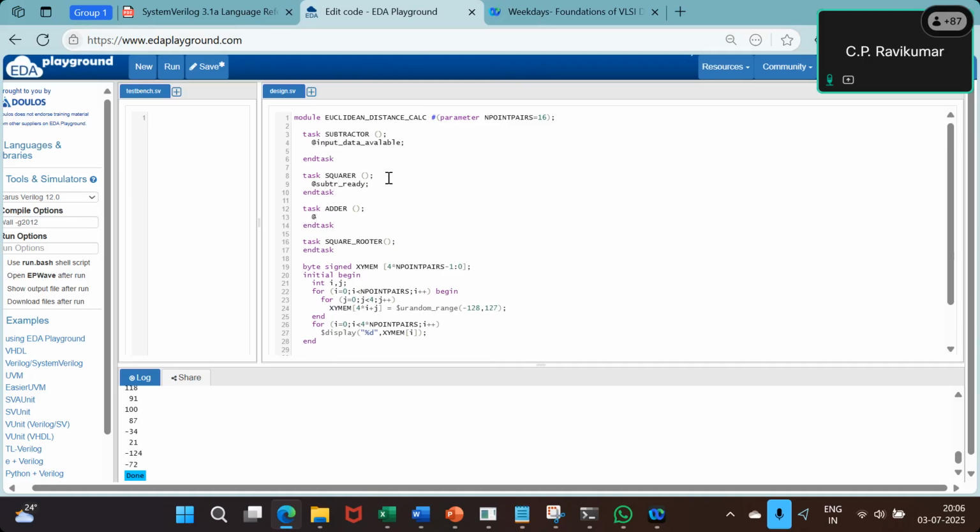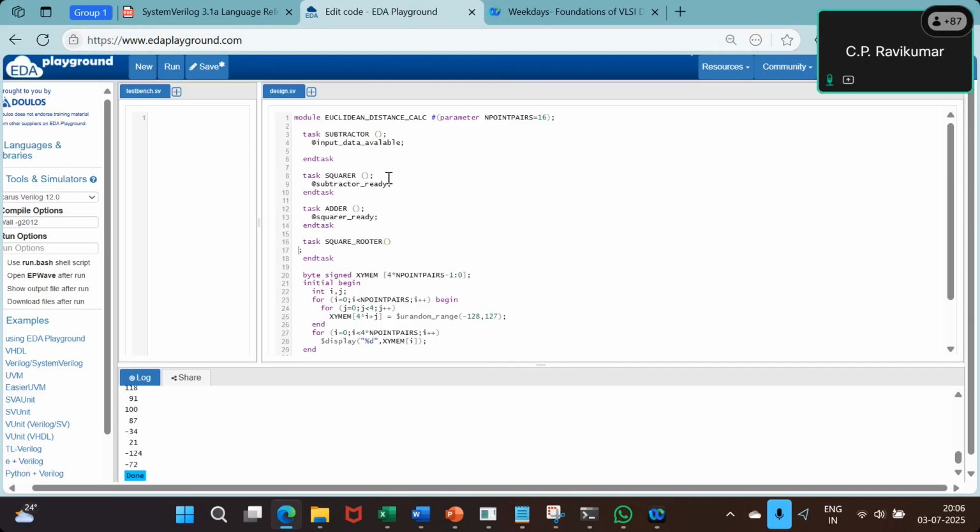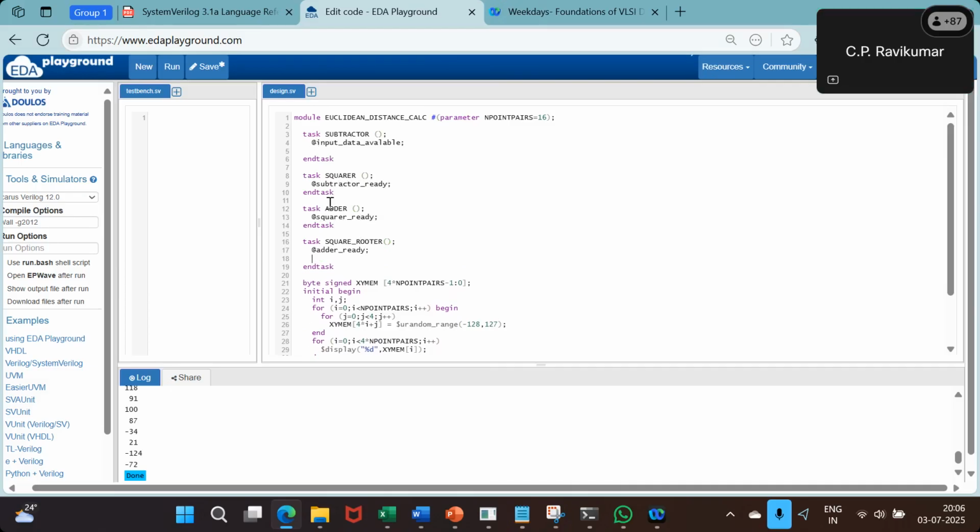Adder could wait for squarer ready. And square rooter could wait for, let us say, adder ready. Okay. So they all wait for an event. Input data available is an event, and subtractor waits for that event.